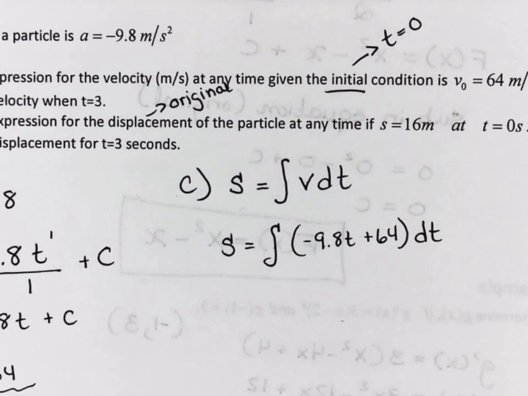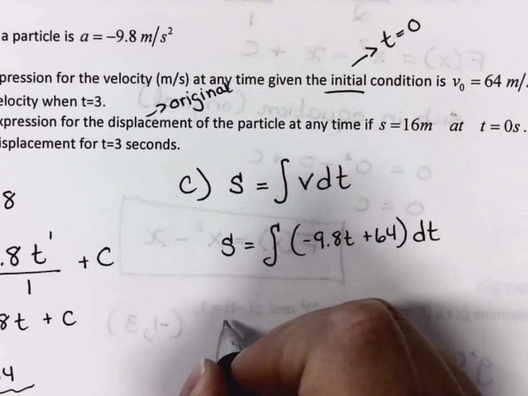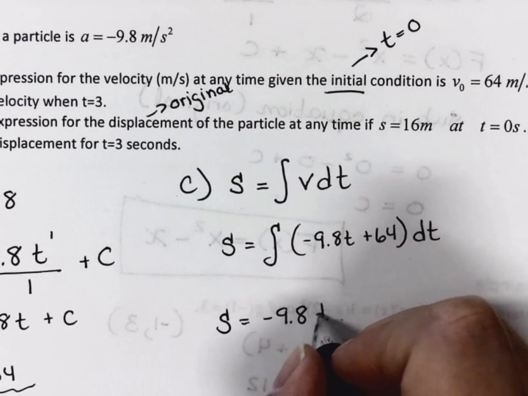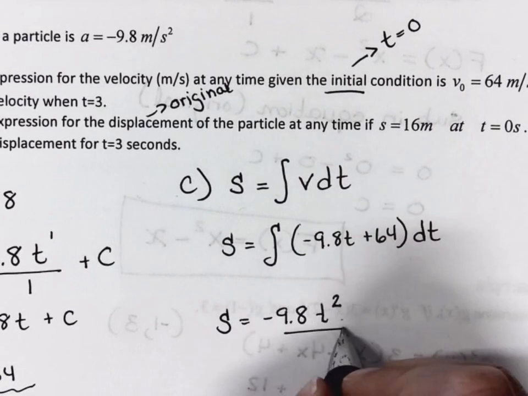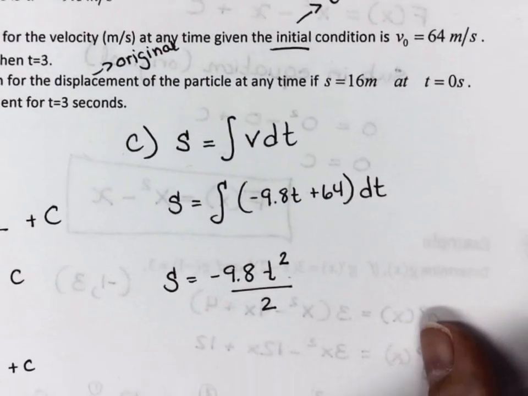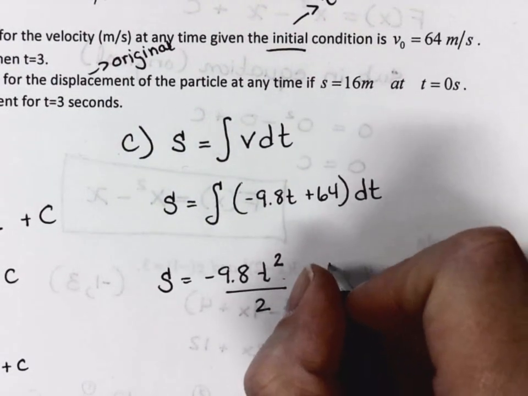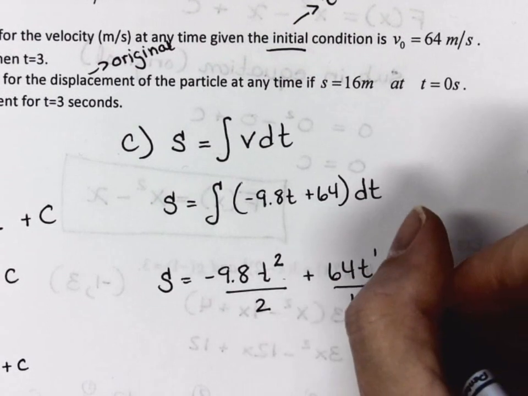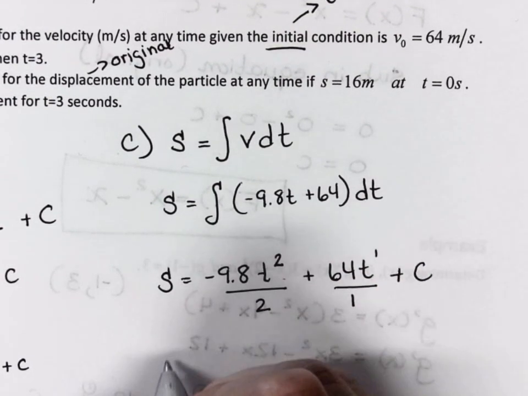But if you see it that way, just know what it's asking you to do. So s is going to be equal to negative 9.8 t squared, divided by 2, plus 64 t to the exponent 1, divided by 1, plus c.